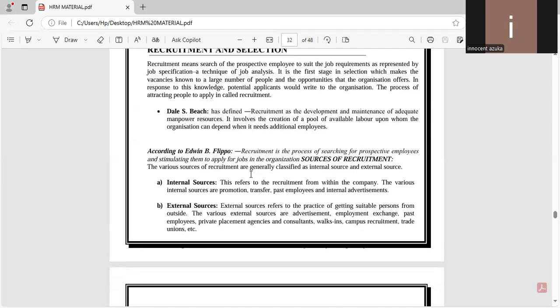Recruitment is the development and maintenance of adequate manpower resources. It is the process of searching for appropriate employees and stimulating them to apply for a job in the organization.